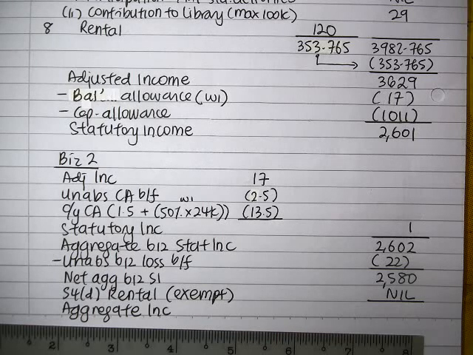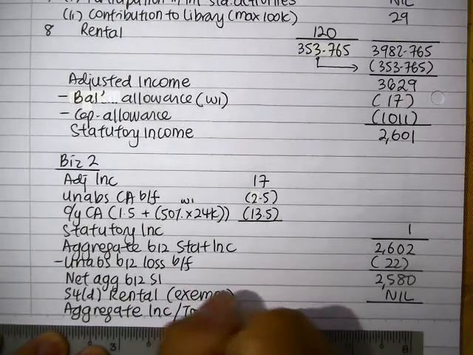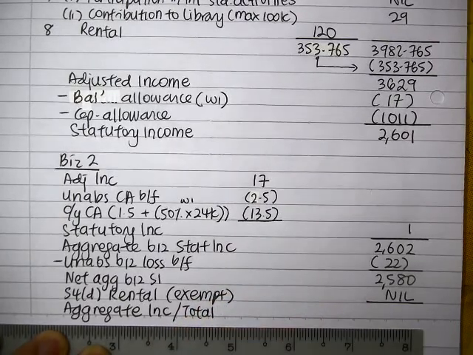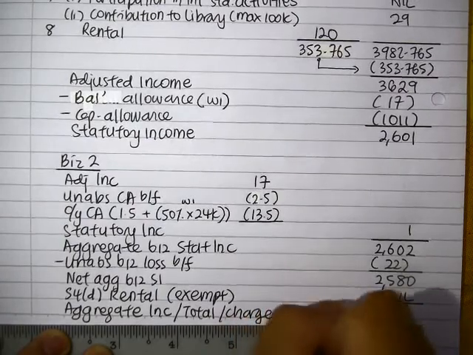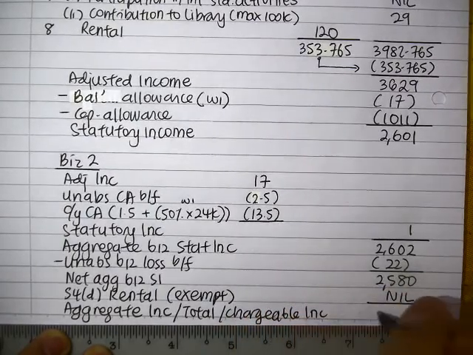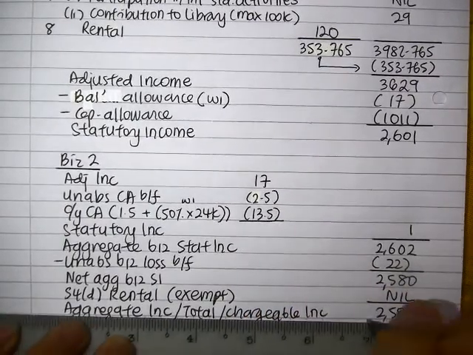Now do you have donation here? When you read the question, got donation or not? The only donation that they have here is to the library. But the one you adjusted in your tax computation just now under section 34. That means there's no donation, right? So in that case, the aggregate is your total, and total becomes chargeable income 2580.